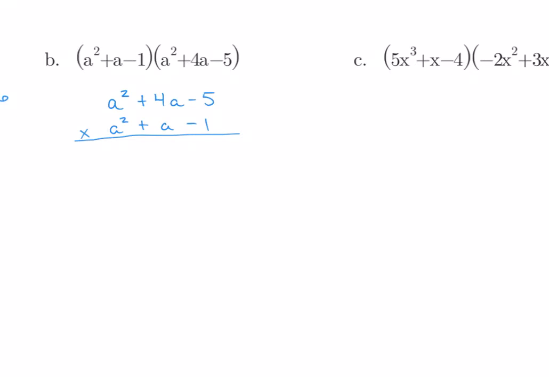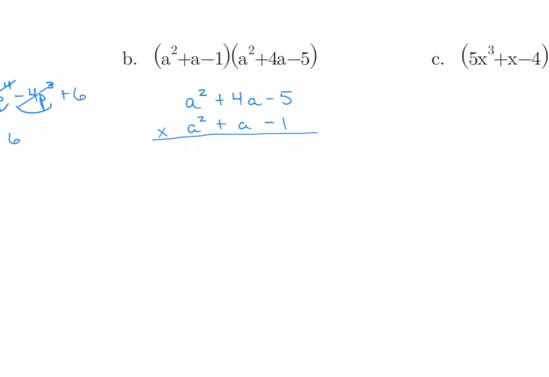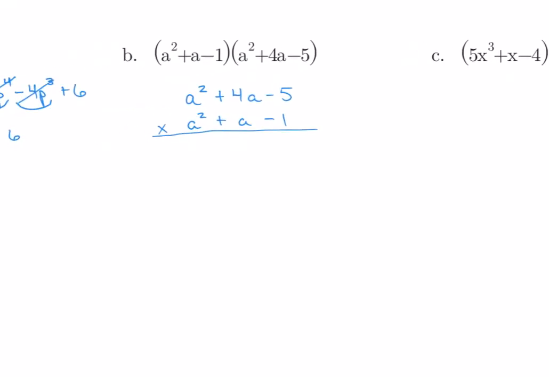It doesn't matter which one you put on top and which one you put on bottom. I'm going to put my a squared plus a minus 1 on bottom. What we're going to do is something like what we do when we multiply 2 and 3 digit numbers. Starting on the right, I want to multiply everything on top by -1.